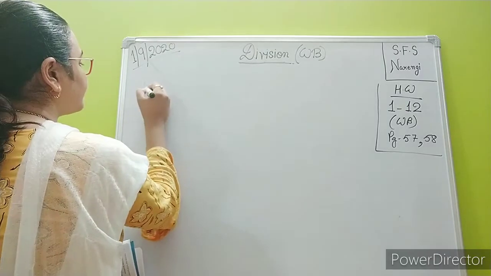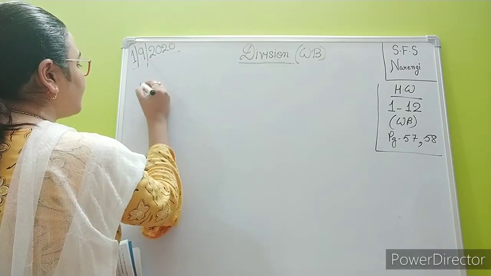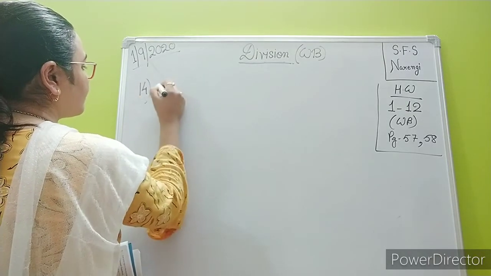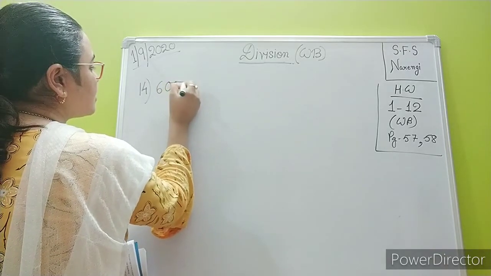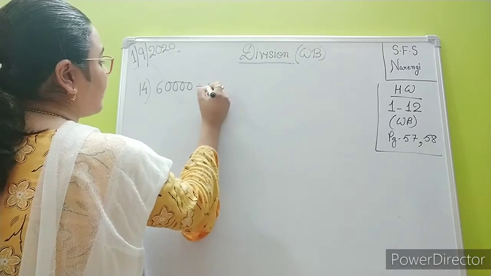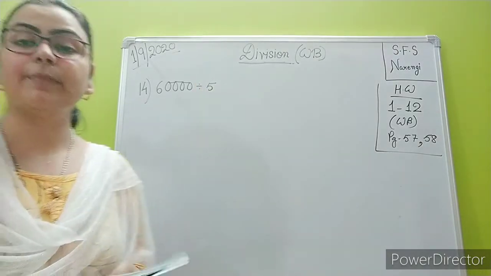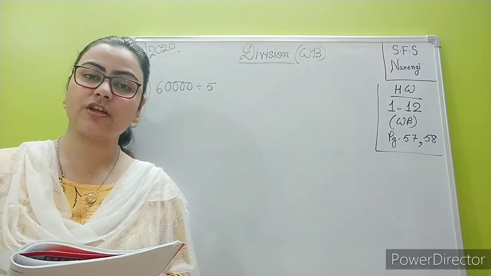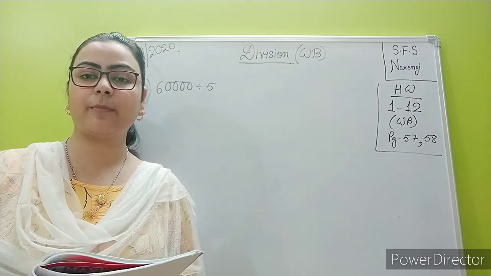So in number 14 we have 60,000 divided by 5, and they have asked us what is the remainder. What is the remainder, children? If it is divisible by 5, what will be the remainder?